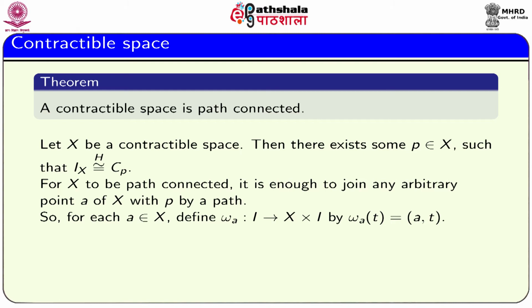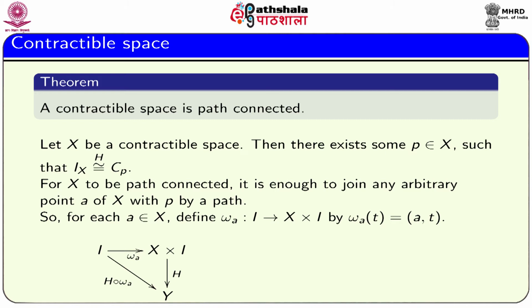So, for each A belonging to capital X, we define a function W_A from I to X cross I by W_A(t) is equal to the pair (A, t). Now, this is of course a continuous function for each A belonging to capital X.